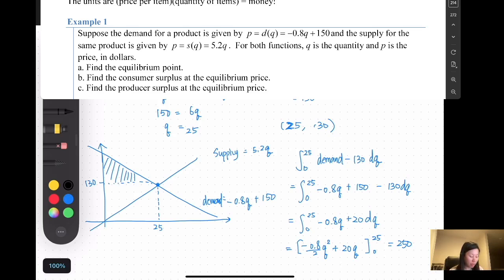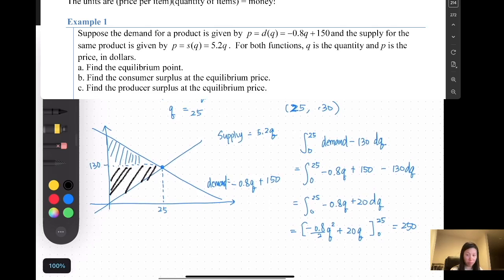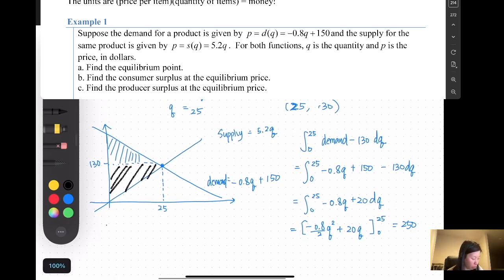And this is similar to the producer surplus. The producer surplus, by definition, is going to be the integral from 0 to 25, and then I use the dashed line, which is y equals 130, subtract the supply function, which is 5.2q, dq.